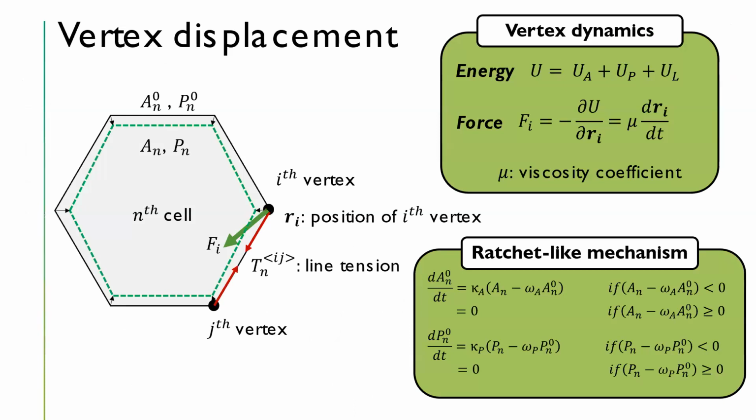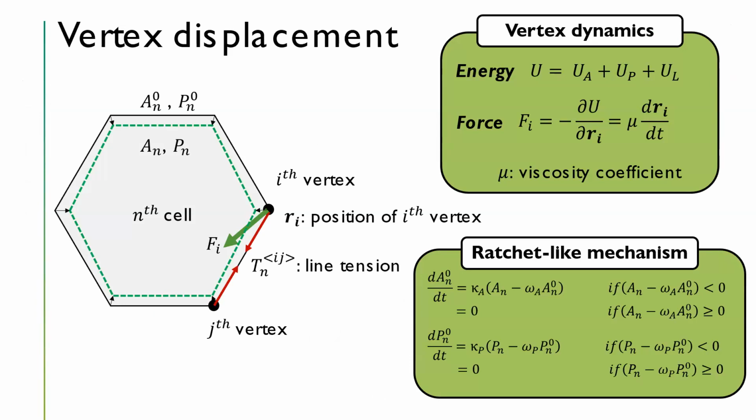So, a quick look at the equations behind the vertex displacement. We have AN and PN, which give you the area and perimeter of the cell. And AN naught and PN naught are the natural area and natural perimeter of the cells. So what does that mean? There's a sort of tug of war going on between the line tension and the elasticities.